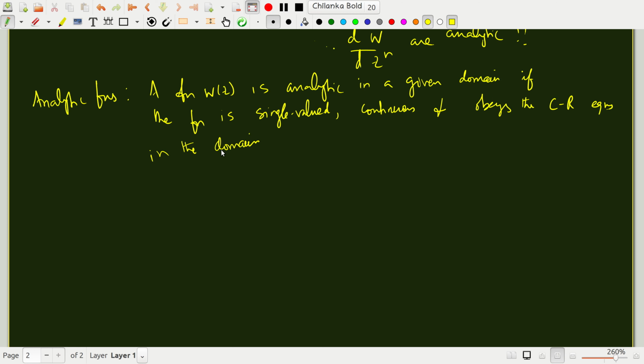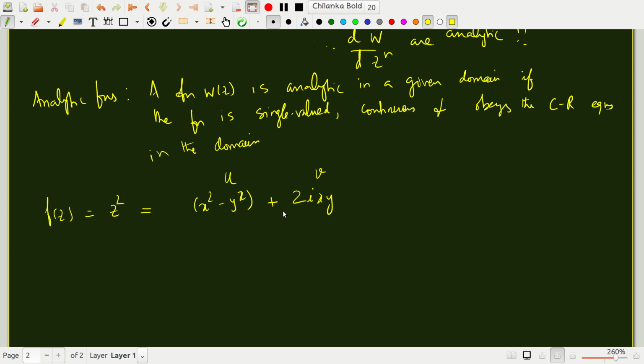So for example, if I write f of z is z squared, can you say whether it is analytic? Of course you can, by checking. You can write z squared as x squared minus y squared after substituting z is equal to x plus iy, plus 2i xy and so on, and then verify whether this satisfies, this is u, this is v without the i.